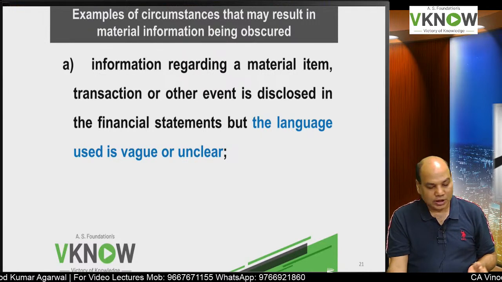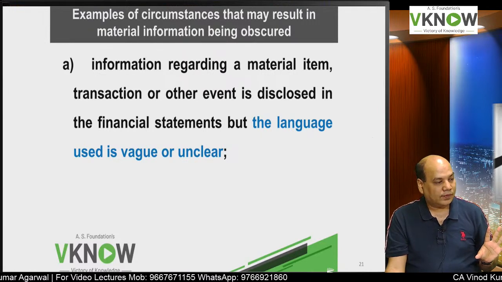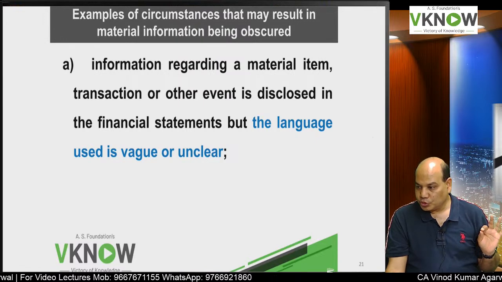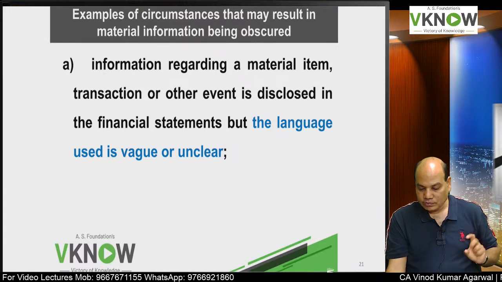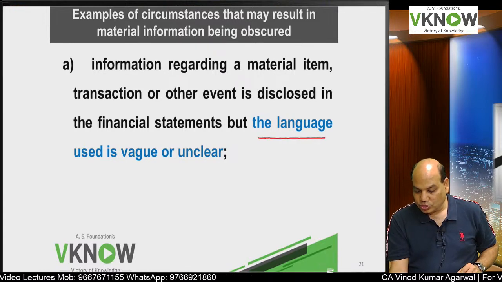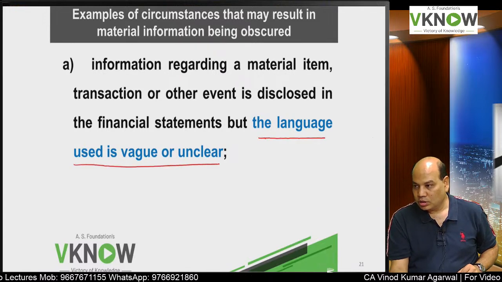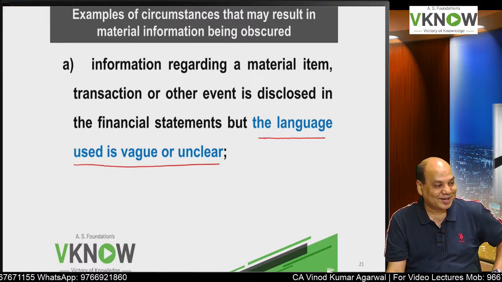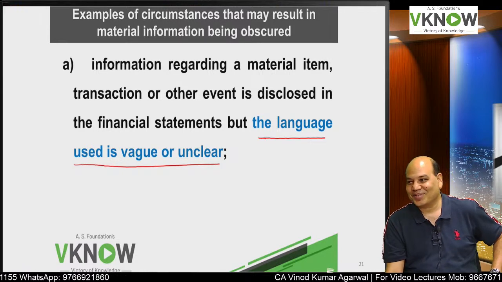So I have written an example in your book. If they ask you to give 4 examples of obscured information: one is the language is vague or unclear, like the answer you write in audit. The examiner is not able to understand what he is trying to write.